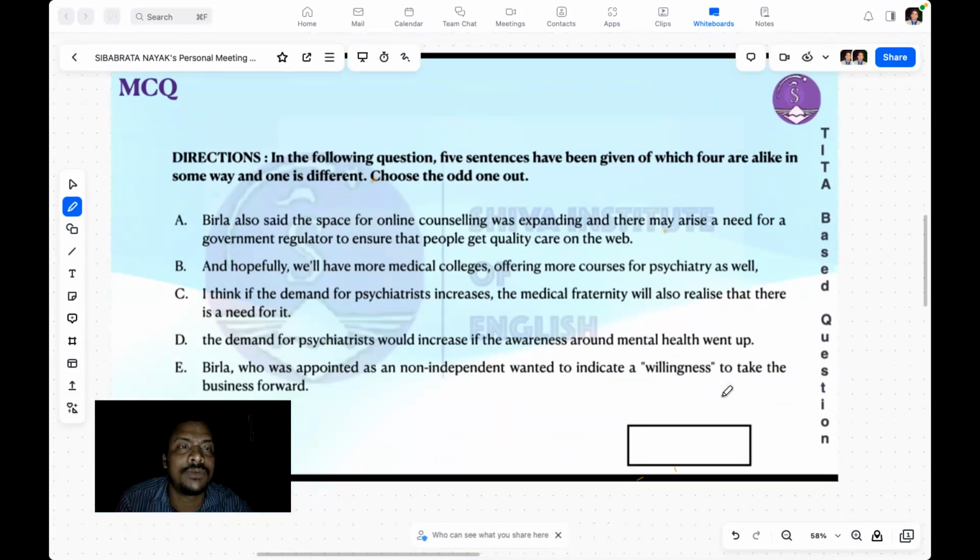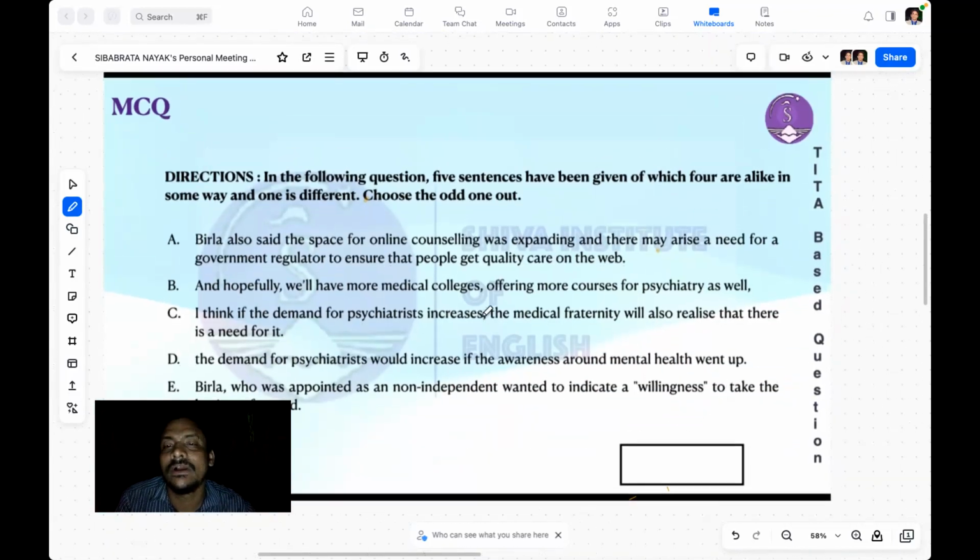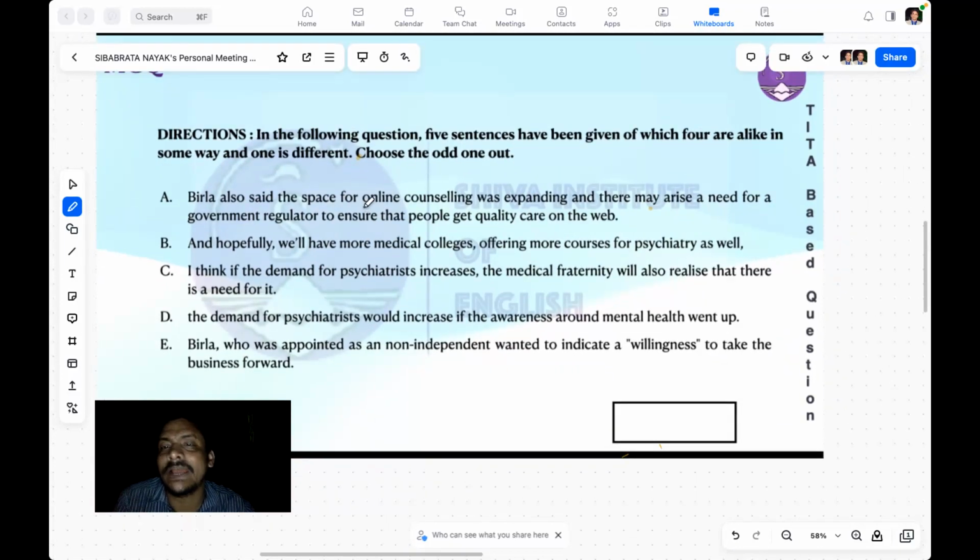We have the question type given here. What does the direction point out? The direction says that in the following question, we have five sentences in which you would find four belonging to the same family, whereas one is different from the other four. So we need to find the odd one out.